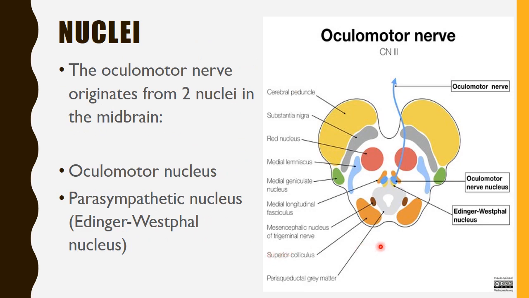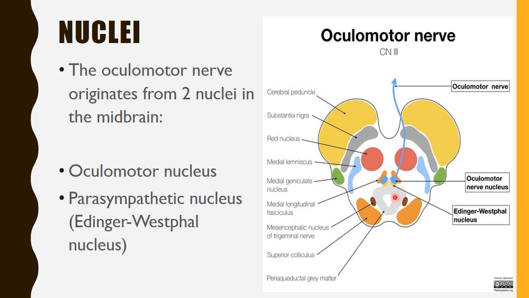There are two main nuclei of the oculomotor nerve, which are located in the midbrain of the brainstem. This is a section of the midbrain at the level of the superior colliculus. We see the superior colliculi, the cerebral aqueduct, and these are the crura and the interpeduncular fossa, the crus cerebri.